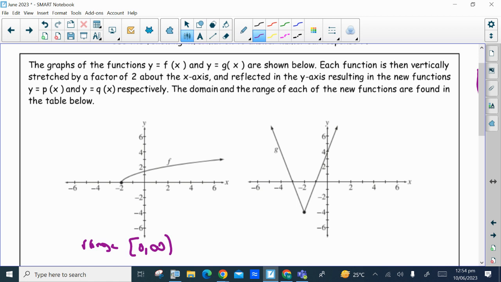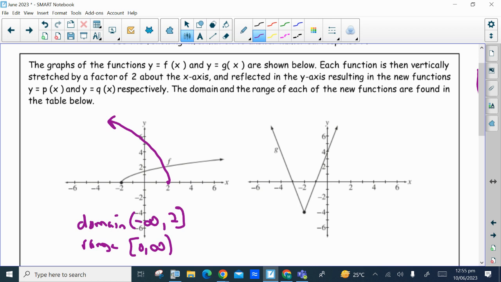If it's reflected in the y-axis, then instead of going from -2 and going upwards and to the right, it's going to go from +2 and then go upwards to the left. So it's going to go something like this. I'm vertically stretching it by 2 and then reflecting it over the y-axis. So now the domain will change. The domain will go from -infinity to +2.